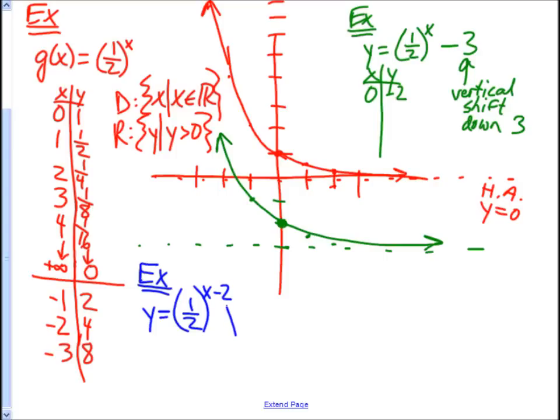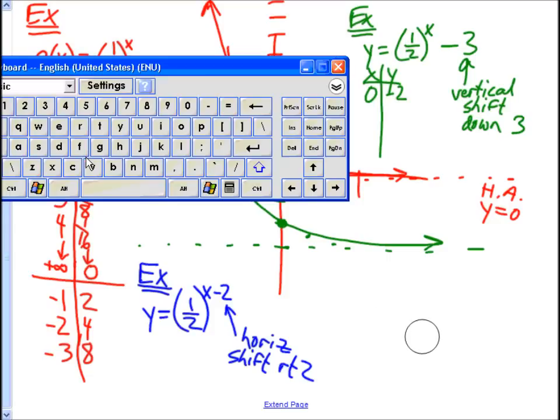That right there is our horizontal shift, right 2, because we're taking the original function and shifting it right 2. You're inputting x minus 2 in for x into the original, so g of x minus 2.